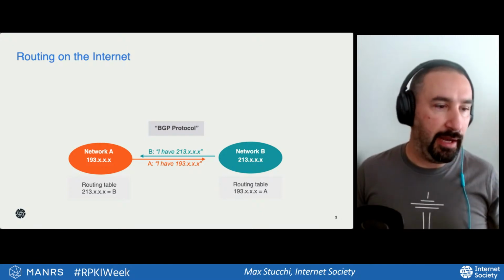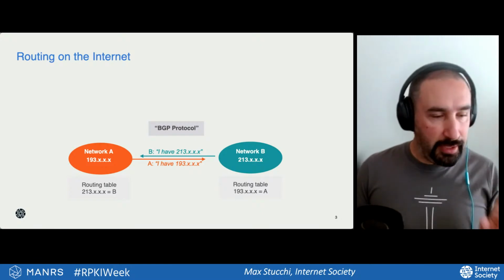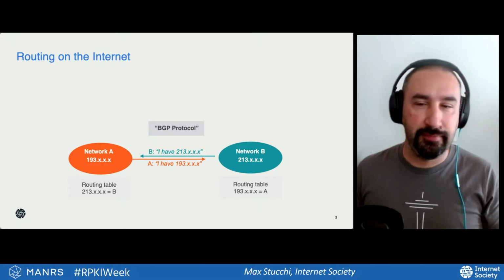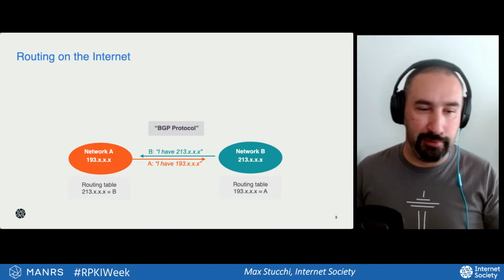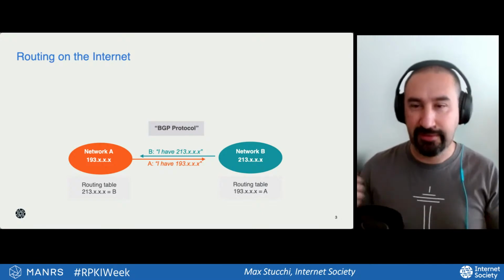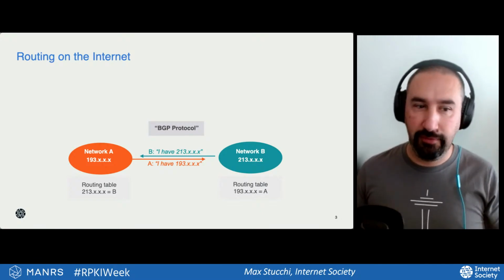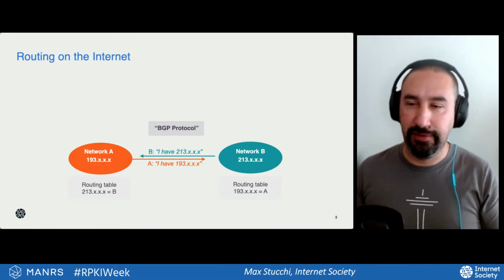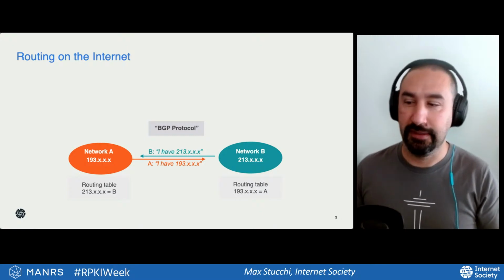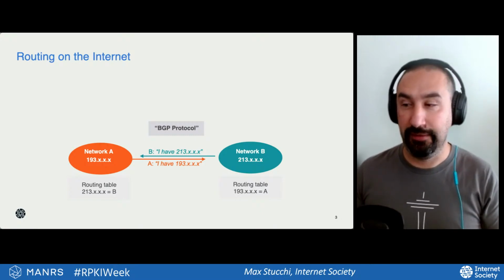Now, how I do this is really simple. I just add something to my table. But before I can do that, I would have to figure out if this announcement is really legitimate.